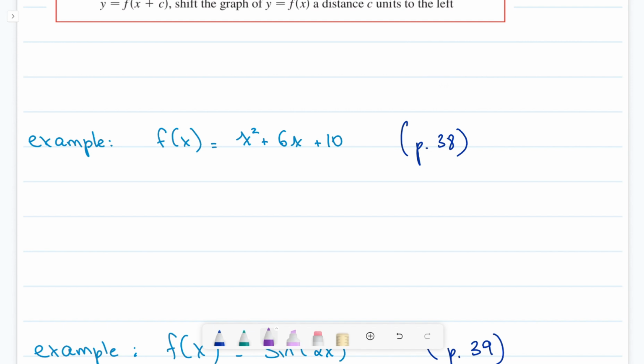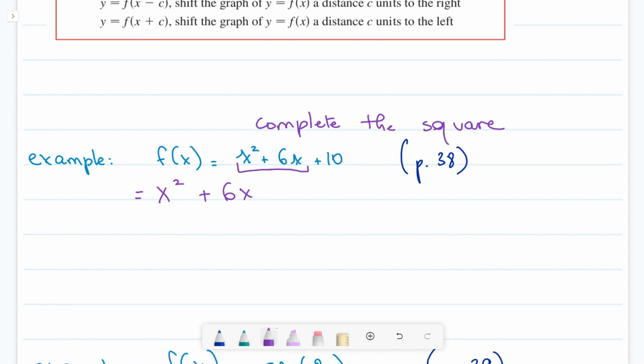One thing that is good when graphing quadratics is to change the format of how the quadratic is written. First of all, what we can do is complete the square. So x squared plus 6x.